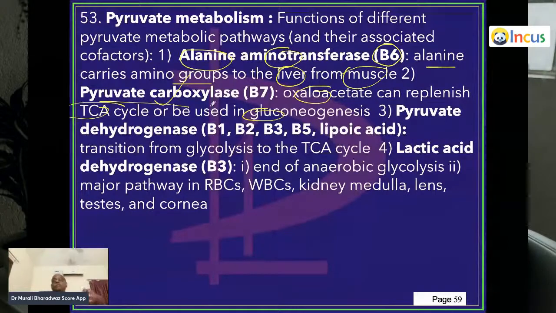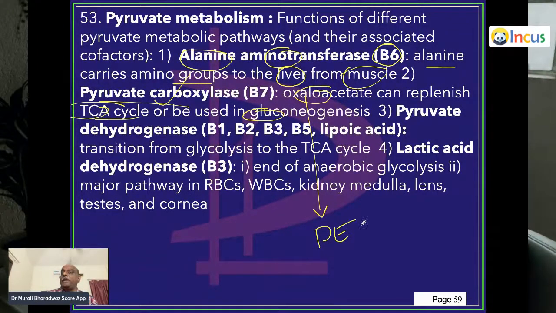Or oxaloacetate can become phosphoenolpyruvate and go back to form glucose, gluconeogenesis, in the reverse direction. So oxaloacetate is used in the citric acid cycle, or it is converted into phosphoenolpyruvate by phosphoenolpyruvate carboxykinase.